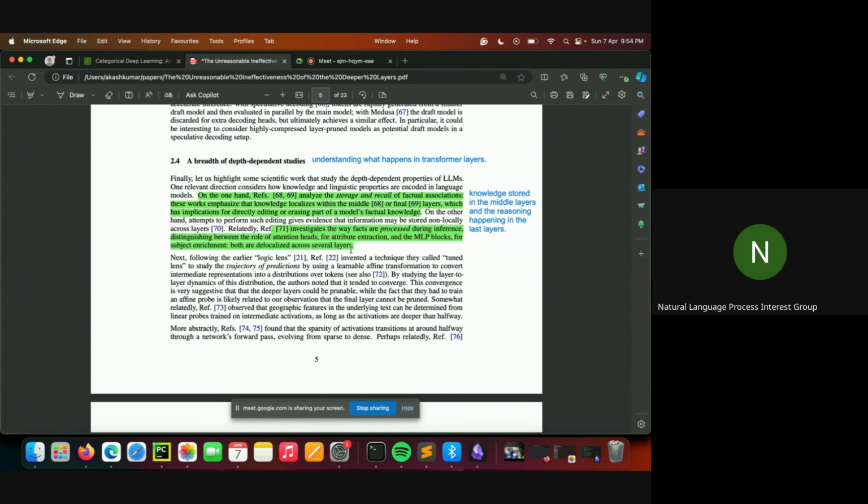Attention heads were relevant for getting the right attribute, and MLP blocks for enriching the information about the subject. Another interesting thing that we covered in earlier meetings is that the information stored inside transformers is spread across many layers and many neurons.